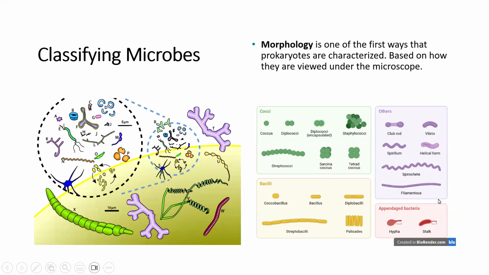And so these are the ones that we see most commonly in the lab setting, but as I mentioned earlier, they come in a great variety of shapes. So these are a bunch of the different shapes that have been found in bacteria that you can see that the diversity is much greater than what you get in just cocci, bacilli, and spirals.